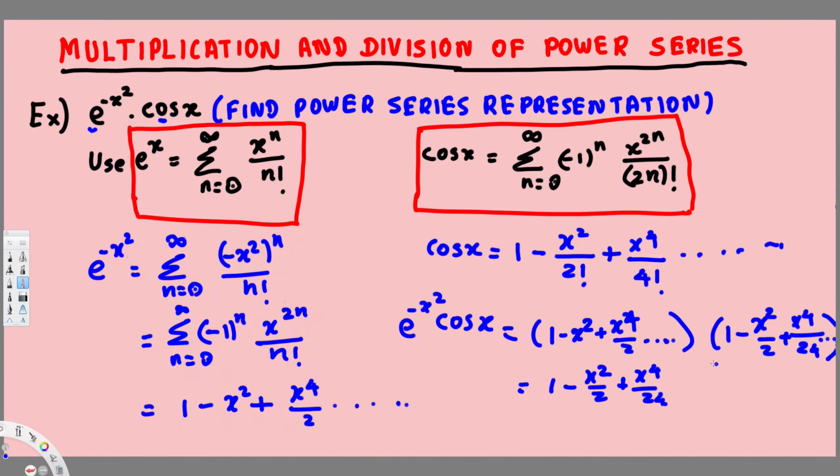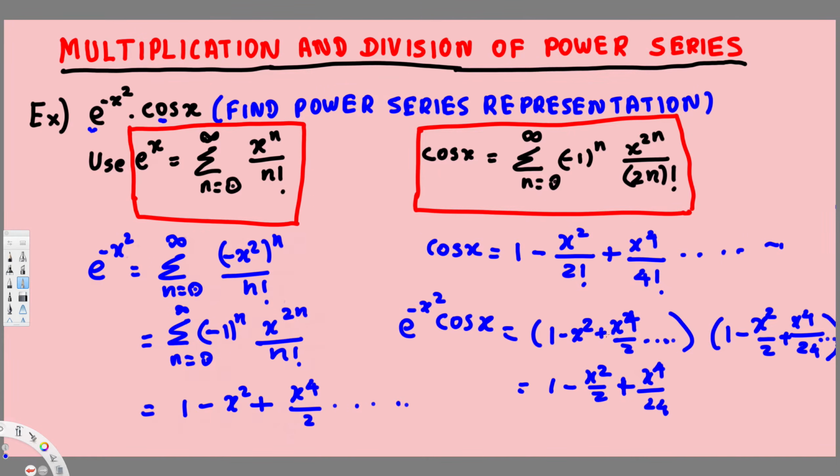So instead of going for 3 terms, we can do 2 terms. You can go for as many terms as you want. All we have to do is give some terms. If I start with negative x square, it's going to be negative x square times 1, which is negative x square. So maybe I write one more term, x power 4 over 24.